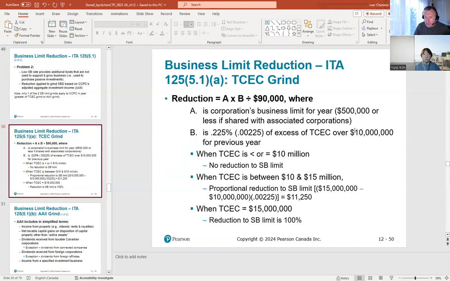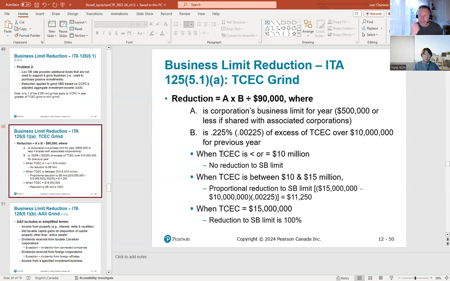Over $10 million in the previous year. When this taxable capital employed in Canada is below or equal to 10 million, there will be no reduction of the small business limit. When the taxable capital employed in Canada is between 10 million and 15 million, then there will be a proportional reduction of the small business limit.